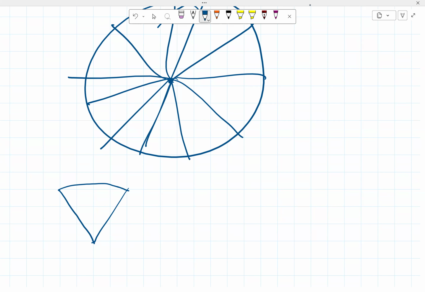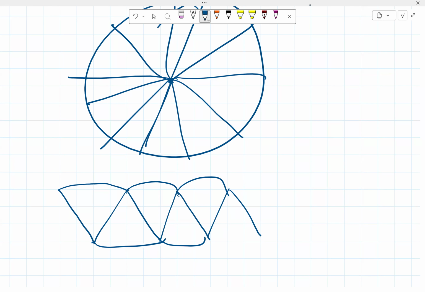Next one, I now want to stack it up. You have this and you have this, and you keep arranging like that, and it just goes on like that.